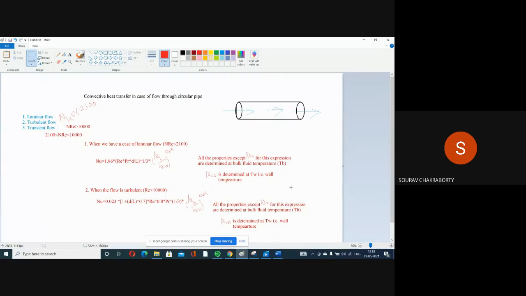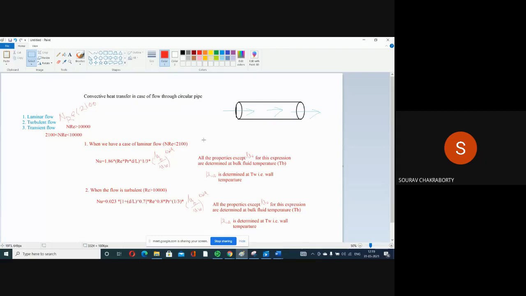In the circular pipe, if the flow is occurring, then for determining the convective heat transfer coefficient, first of all we need to determine the Nusselt number. On the basis of the Nusselt number expression like this one, we can determine the convective heat transfer. So which one to be used? For this reason, first of all we need to determine what type of flow is exactly occurring, whether it is laminar, turbulent or transient.